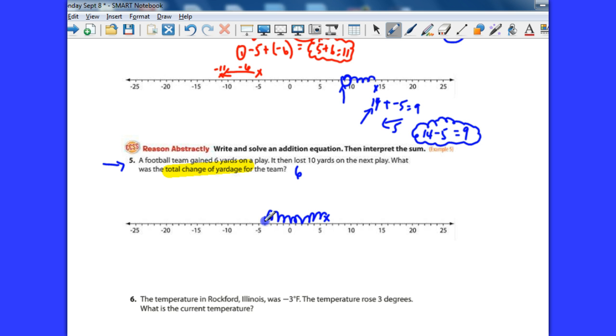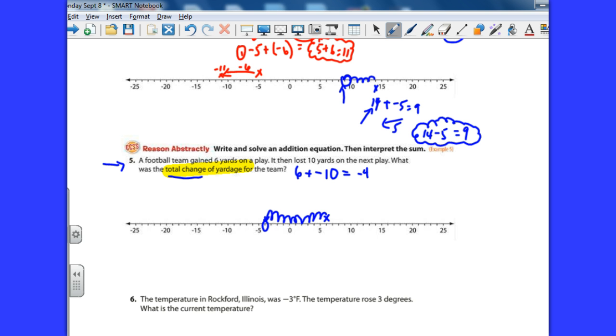They went right there and they basically ended up losing 10 yards. They went 6 and then they went negative 10. So here's the equation. You need to write that down. 6 plus negative 10. When they were all done overall, the total change in yardage was minus 4. The total change in yardage was minus 4.